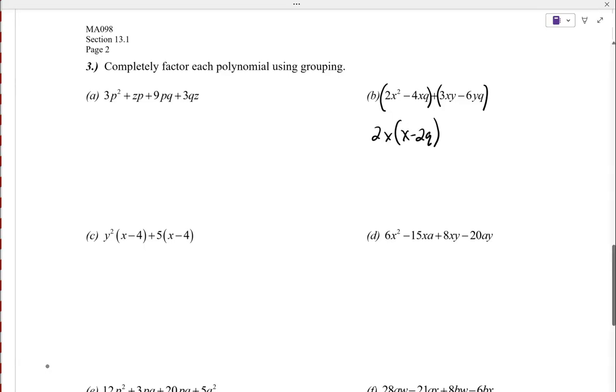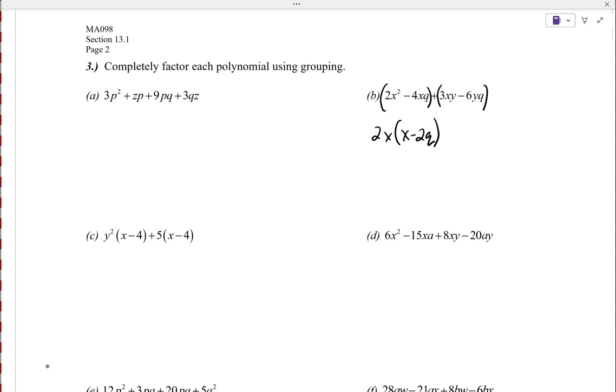X minus 2q. Good. So we're pulling out the 2, so the 2 is completely pulled out, leaves a 1. There's 2 x's. We're pulling out 1, so it leaves 1. Right? And then the second one we pulled out a 2, it leaves the 2. We pulled out the x, so it's gone. It's in front, right? And we won't do anything with the q, so it stays there.